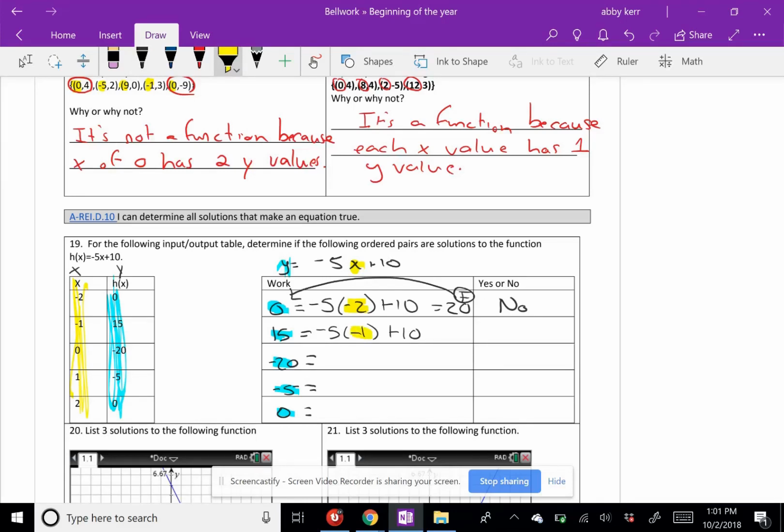So I'm going to plug in -1. That's where that comes from. -5 times -1 is 5. 5 plus 10 is 15. Does 15 get me that 15? Yes.